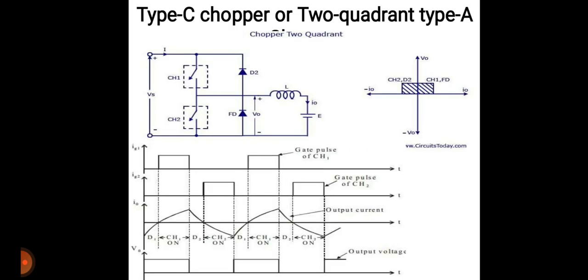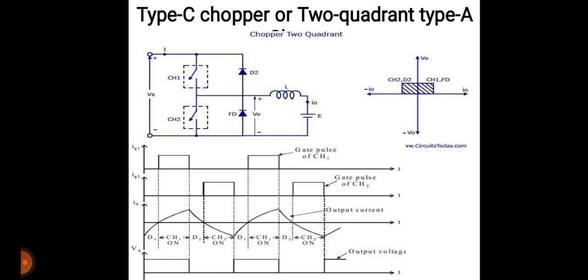Now the next one is the type C chopper. This type of chopper is obtained by connecting type A and type B choppers in parallel, as shown in the figure. The output voltage V0 is always positive because of the presence of the freewheeling diode across the load.